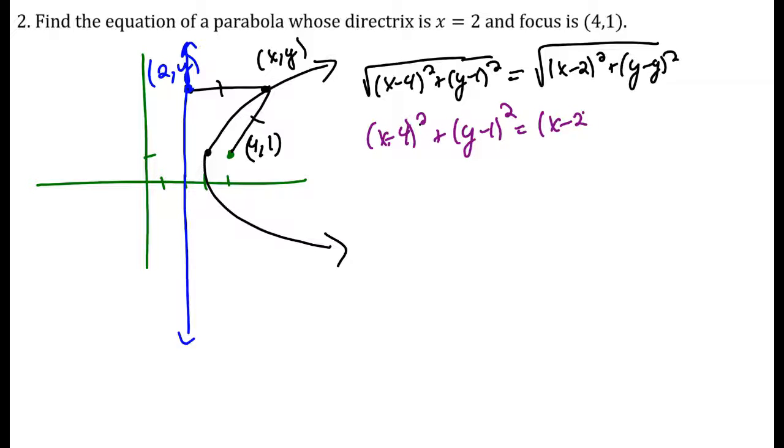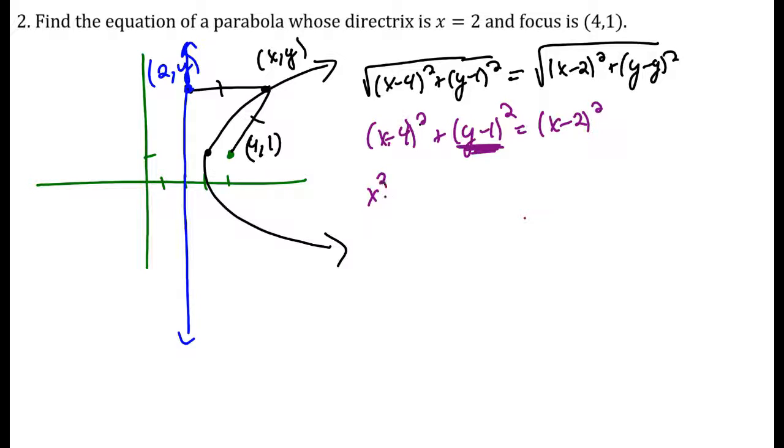I get (x minus 2) squared plus 0. Now, here's the thing. I'm not going to touch the (y minus 1) squared because I want my answer to be in vertex form. So I'm going to actually expand out the x's here because they kind of have switched places. In the previous one, we didn't touch the x terms. Well, in this one, because it's a sideways parabola, we're not going to touch the y terms.